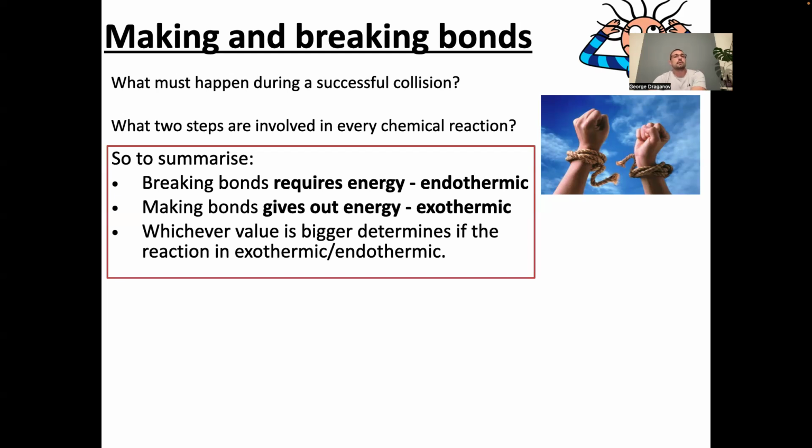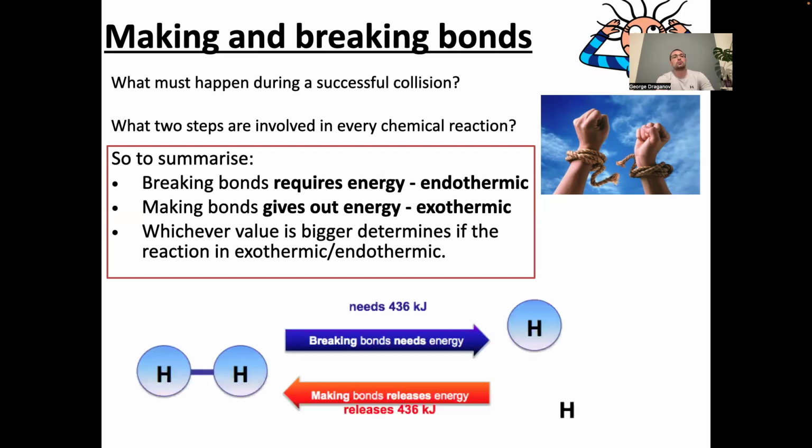That's why breaking bonds is an endothermic process primarily. For making bonds, think of two cars crashing. It's going to release energy. So that's exothermic. Because both of these processes occur in every reaction, whichever value is bigger will determine the overall outcome of the reaction, if it is going to be endothermic or exothermic.